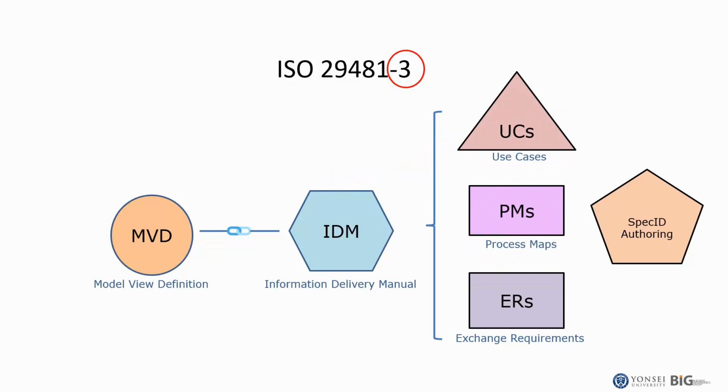And we interpreted the overview section, which includes use case, aims and scope, target project phase, and so on, as the use case element in the schema.